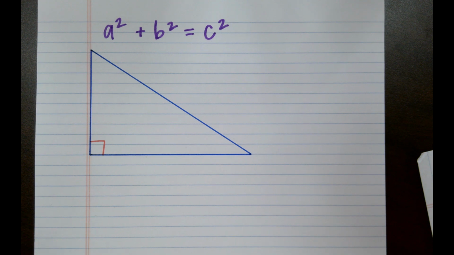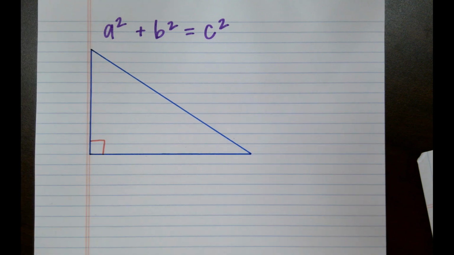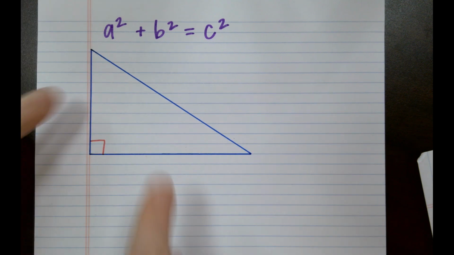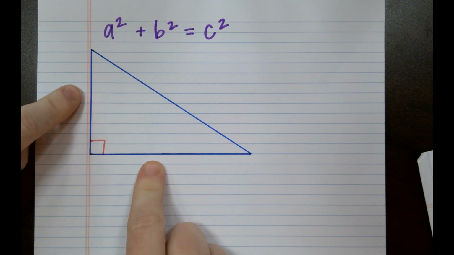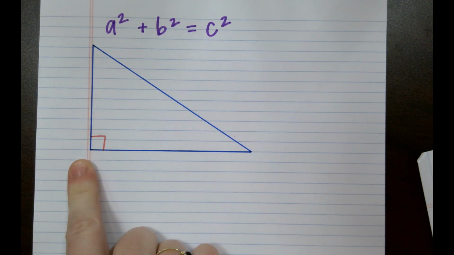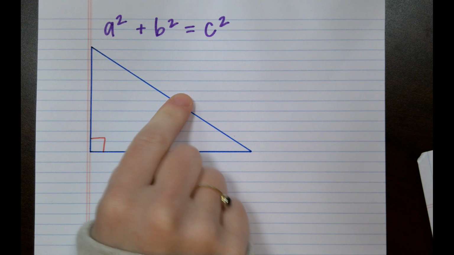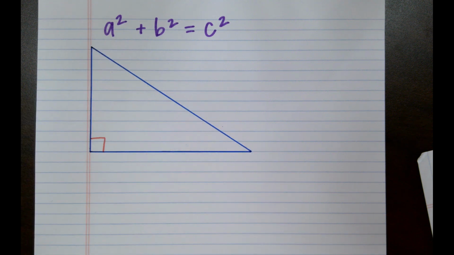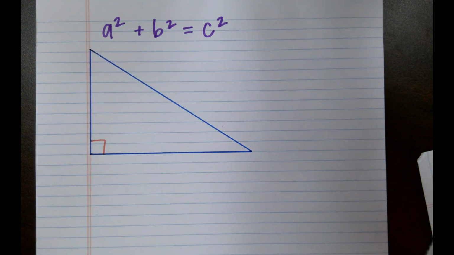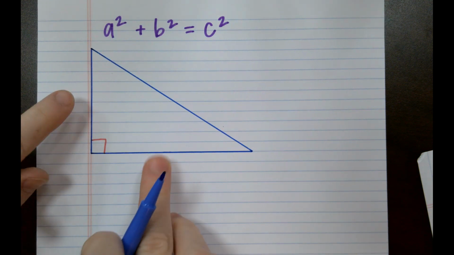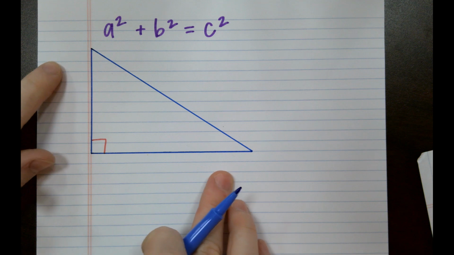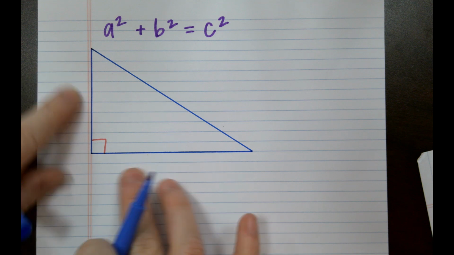So on a right triangle, we've got three kind of moving parts here. We've got our two sides right here that are making up the 90-degree angle, and then we've got the third side, the longer side. When we're using this formula, our A and our B are going to be these legs, the parts that make up the 90 degrees.